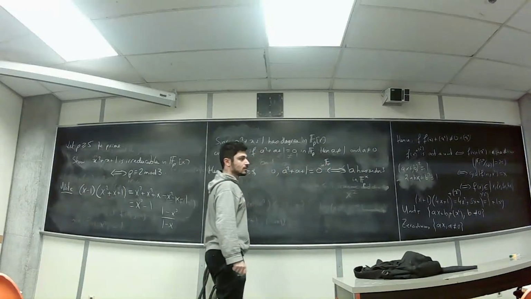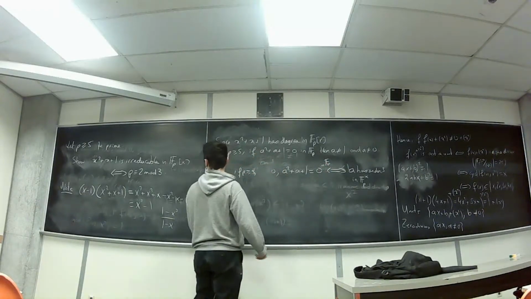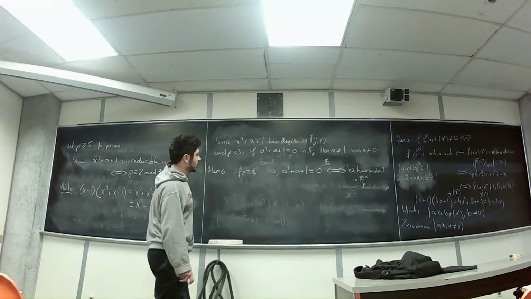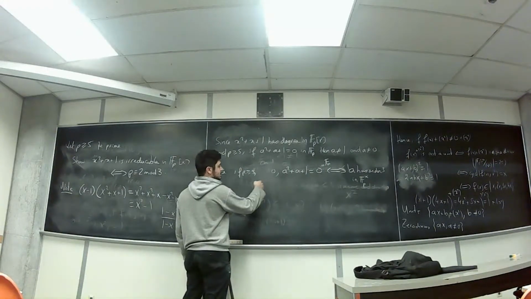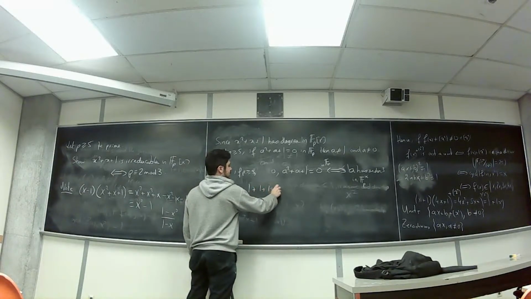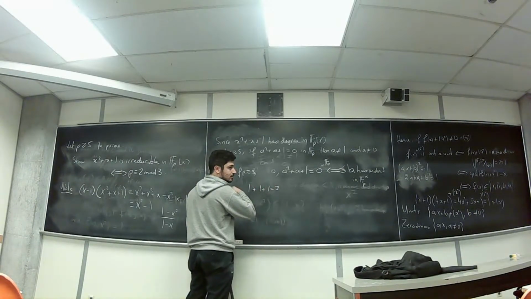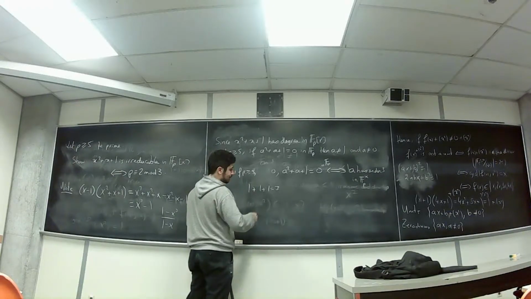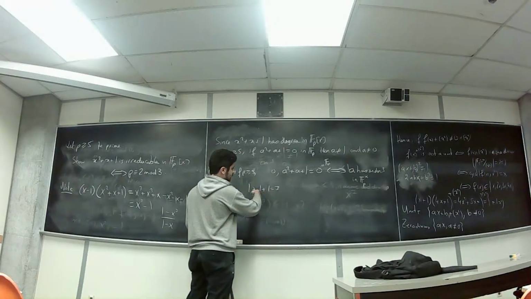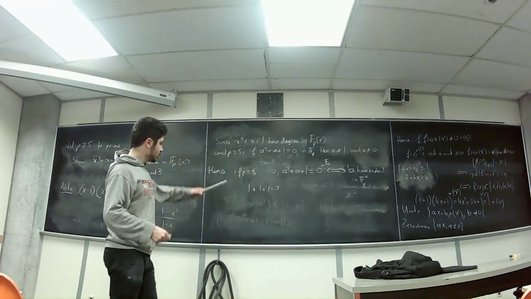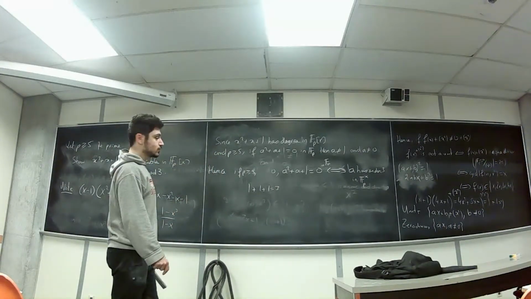Pick 5, for example. 5 is congruent to 2 mod 3. And what is a squared plus a plus 1? Plug in 1, you get 1 plus 1 plus 1, which is 3. Is it 0 mod 5? No, it's not 0 mod 5. Pick any number, and this polynomial x squared plus x plus 1 will have no roots mod 5. If you plug in all the numbers, it will have no roots.